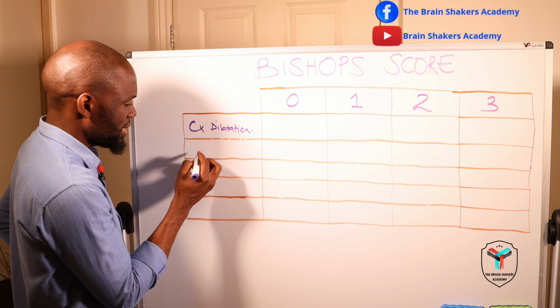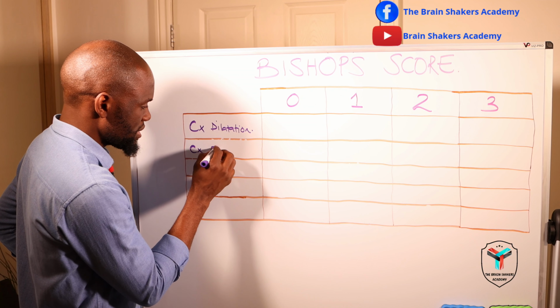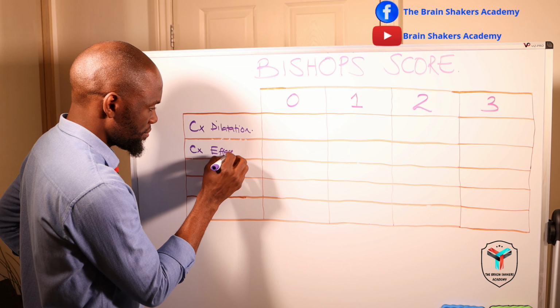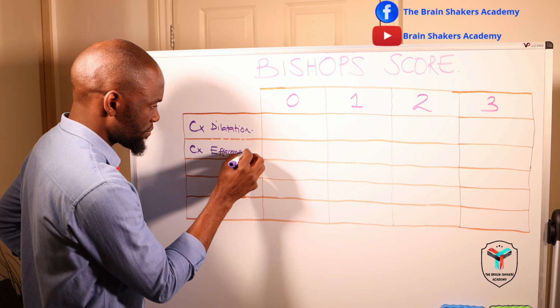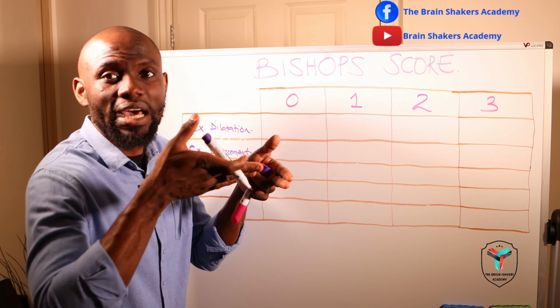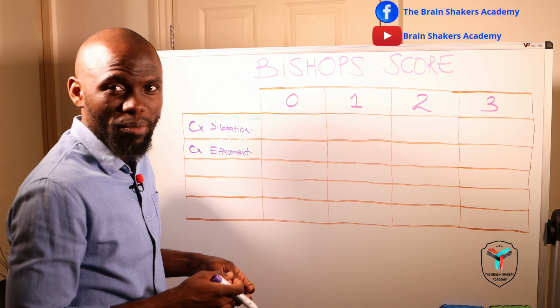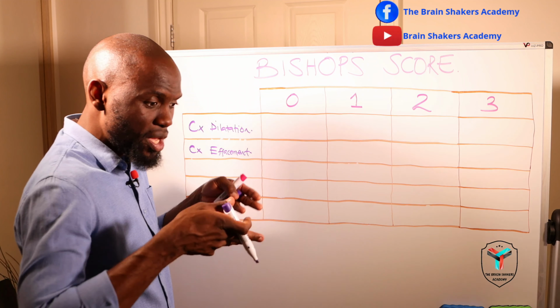And then the second one, we are going to have is cervical effacement. Under cervical effacement is how well taken up is the cervix. Has the cervix been made part of the lower uterine segment, or is it being pulled?